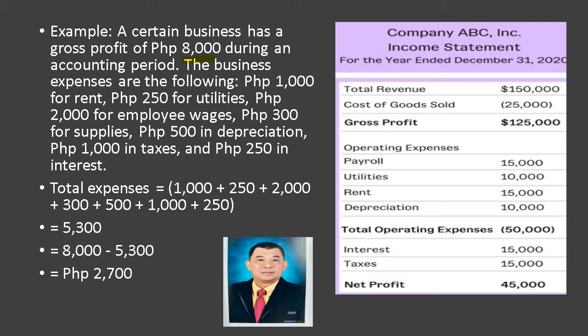And then the business expenses are the following. They have rent, utilities, employee wages, supplies, depreciation, taxes, and interest. So therefore, okay, total expenses, you have to add all of that.